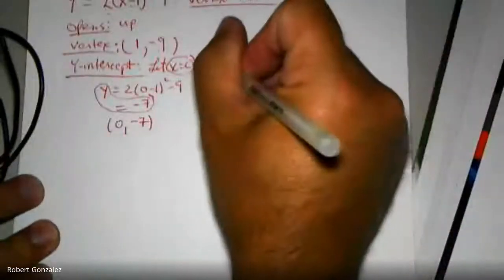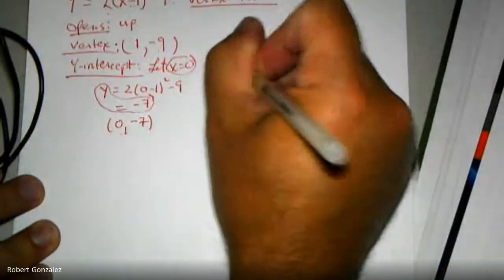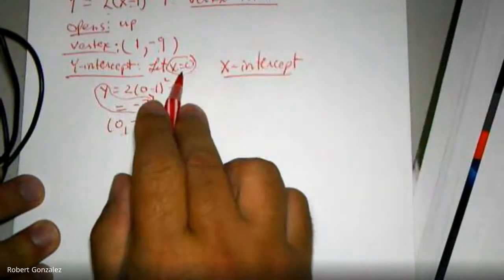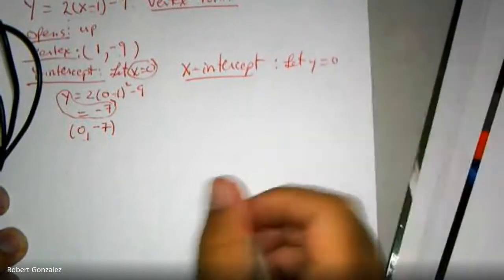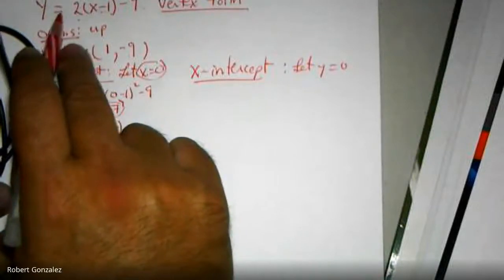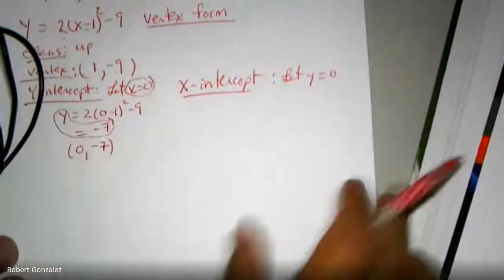Now, if the y-intercept is, can you guys see this? Yeah. If the y-intercept is let x equal 0, then the x-intercept is let y equal 0. And solve. So I see my formula up above. You guys, maybe you can see it right there.